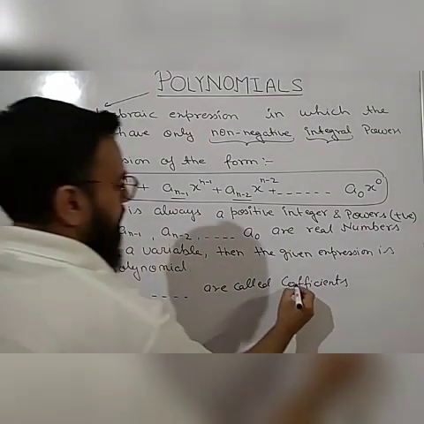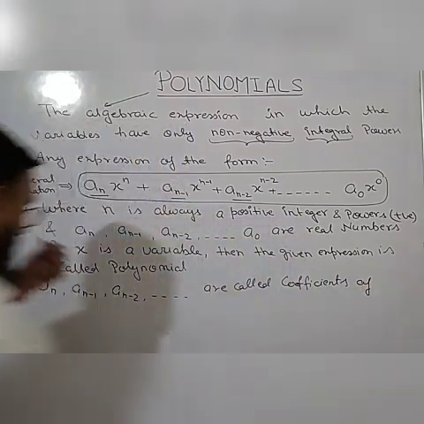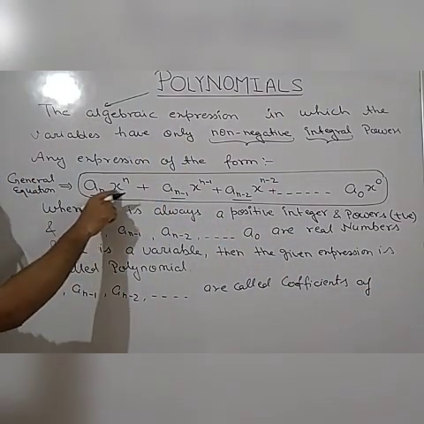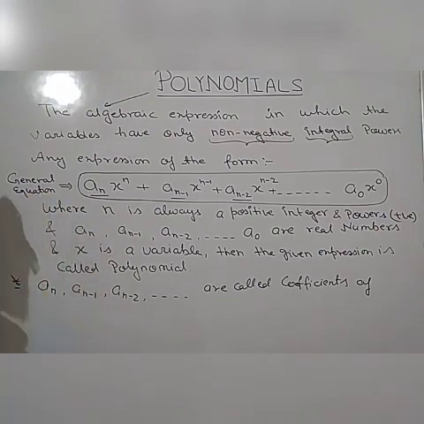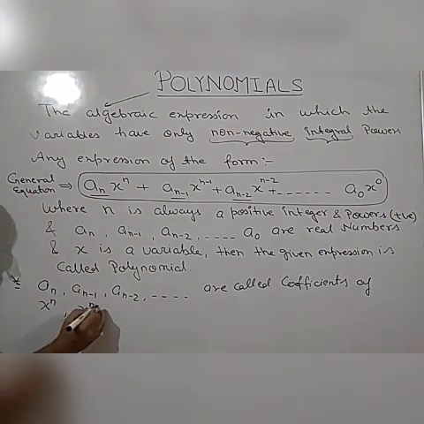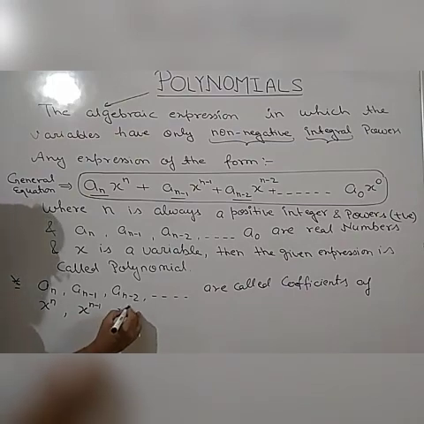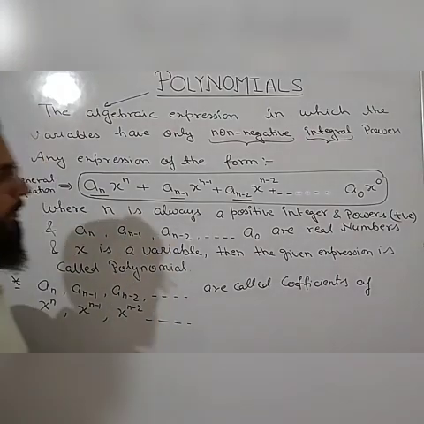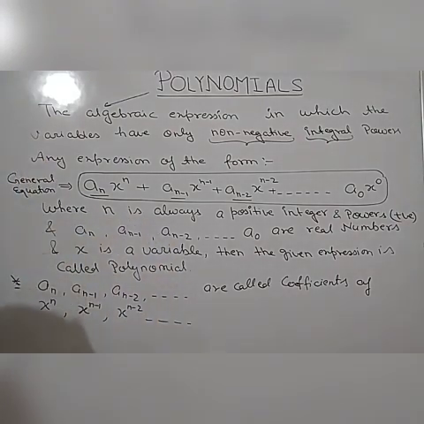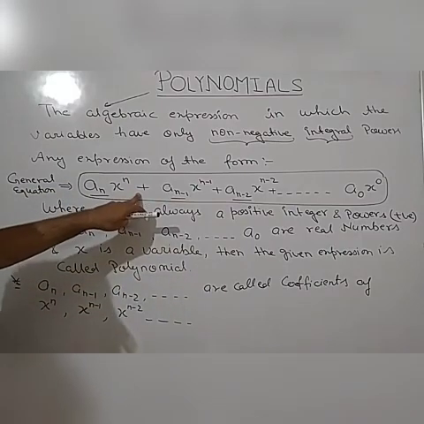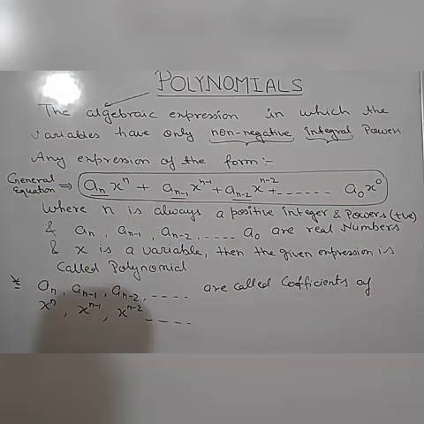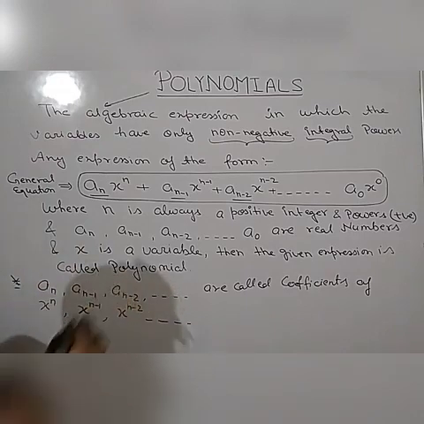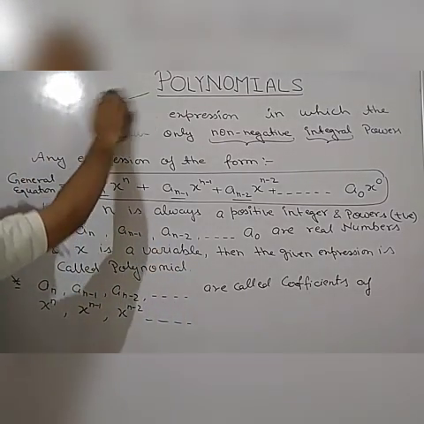These terms are called coefficients. a_n is the coefficient of x to the power n. a_(n-1) is the coefficient of x to the power n minus 1, a_(n-2) is the coefficient of x to the power n minus 2 and so on. Okay, so this is the general form of polynomial. It is a bit complicated, so let us take an example so that you can understand it very easily.